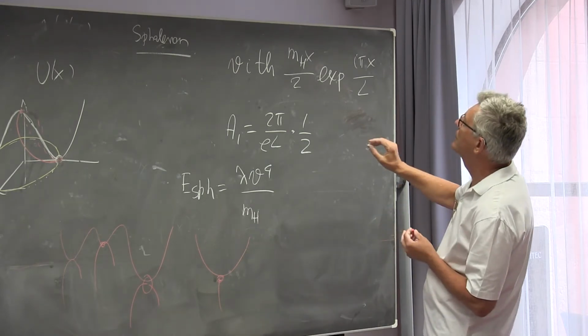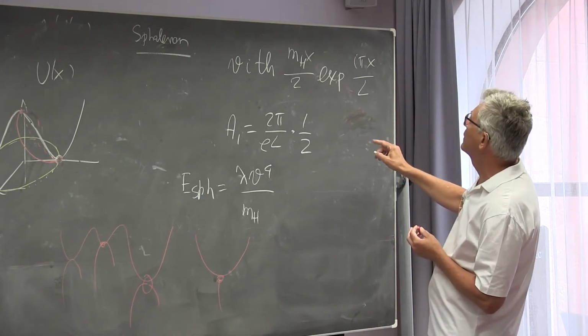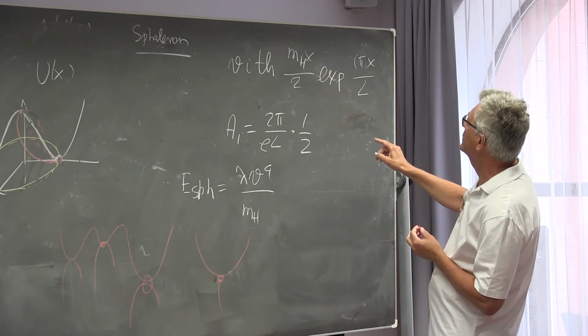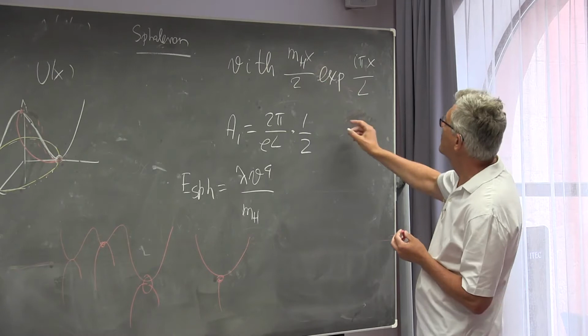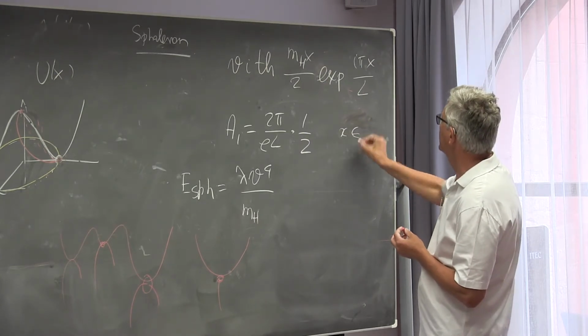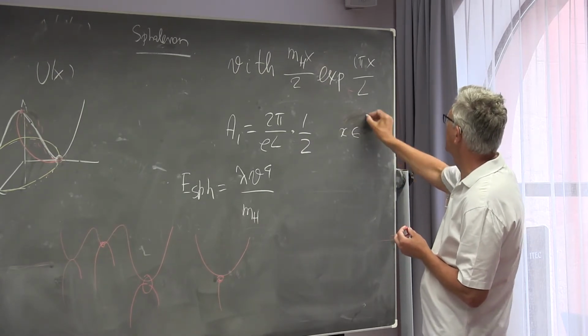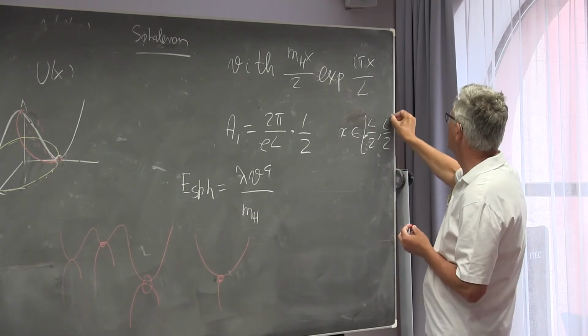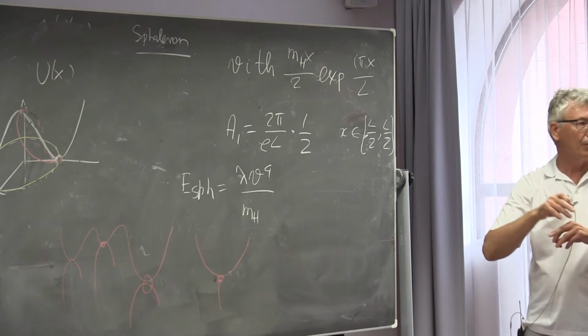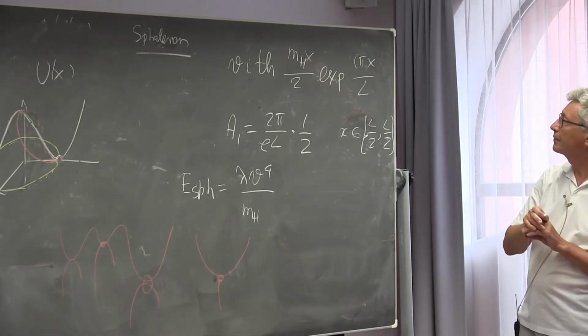I was not particularly accurate here, I guess. So x here is changing from minus L over 2 to L over 2. I changed the origin of coordinates, so sorry about that.